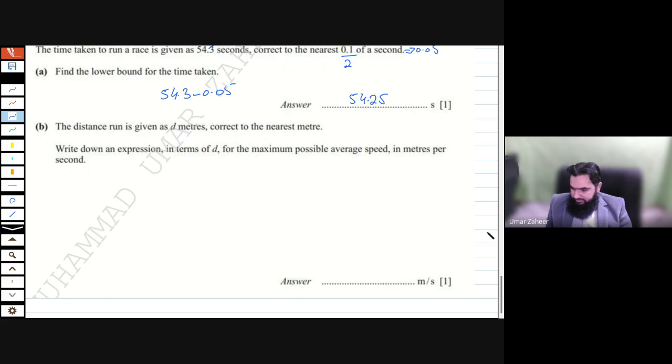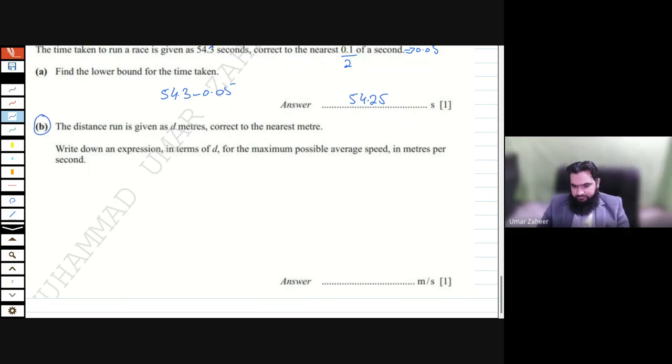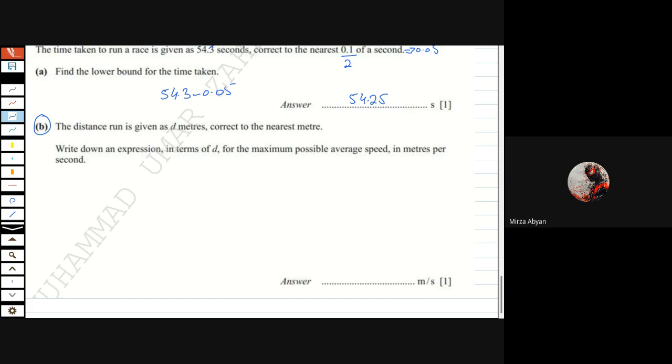Yes, Abhiyan, are you here? Yes, sir. Yes, please read the B part. Sure. The distance run is given to the nearest meter. Write down an expression in terms of d for the maximum possible average speed in meters per second.